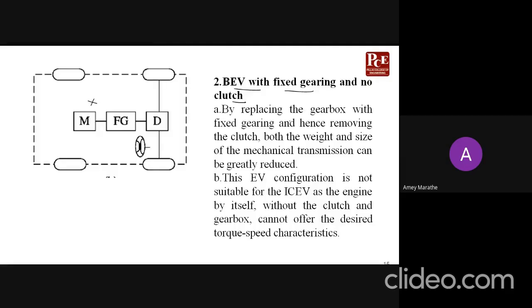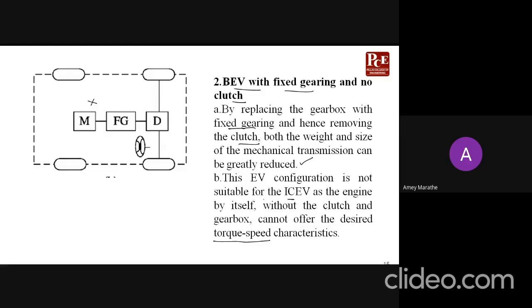By replacing the gearbox with fixed gearing and hence removing the clutch, both the weight and size of the mechanical transmission can be reduced. This type of configuration is not suitable for an IC engine, as an engine without clutch and gearbox cannot offer the desired torque speed characteristics. We will talk about these characteristics when we go to dynamics.